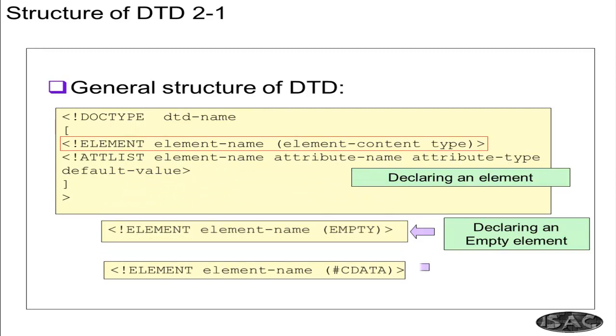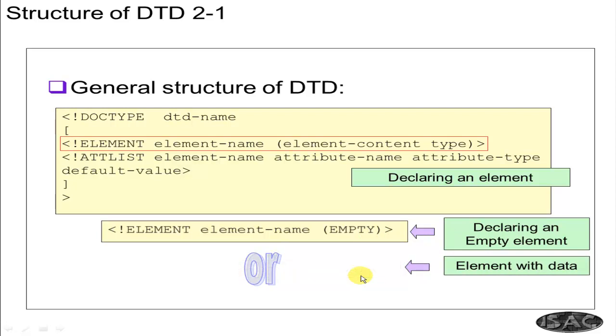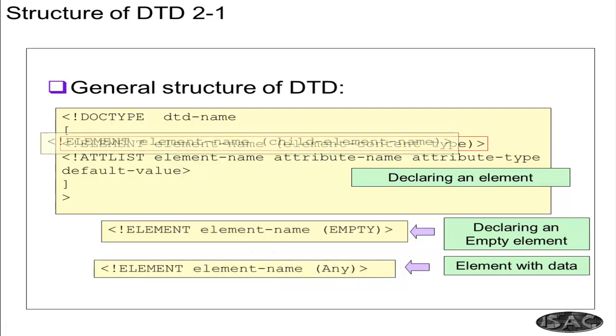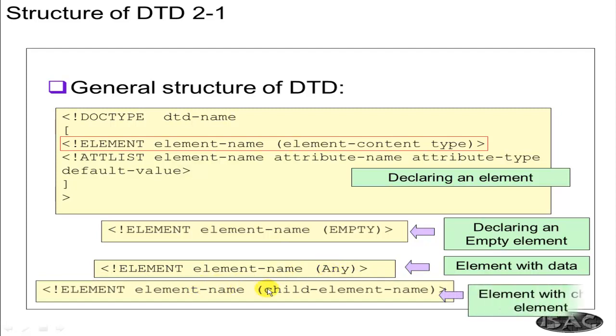First is declaring an empty element. That is what you can do, or an element with data, or element name ANY. Now child element names you can also have. This is the child element name which I am talking about here. ANY means any element can be put here.